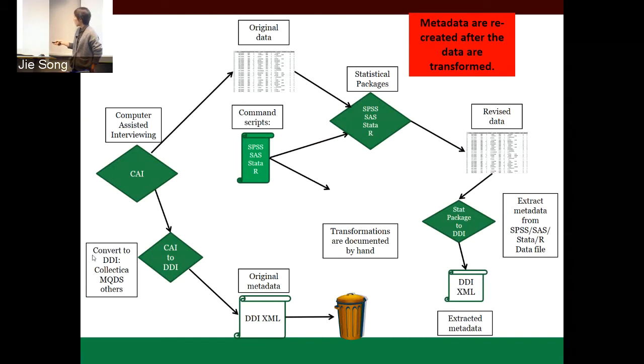So let's say we have the original metadata, and then we have the transformation. In order to get the new metadata, we need to manually include the transformation in the metadata. That's not good, so we want to make it automatic, so users don't have to do it manually.